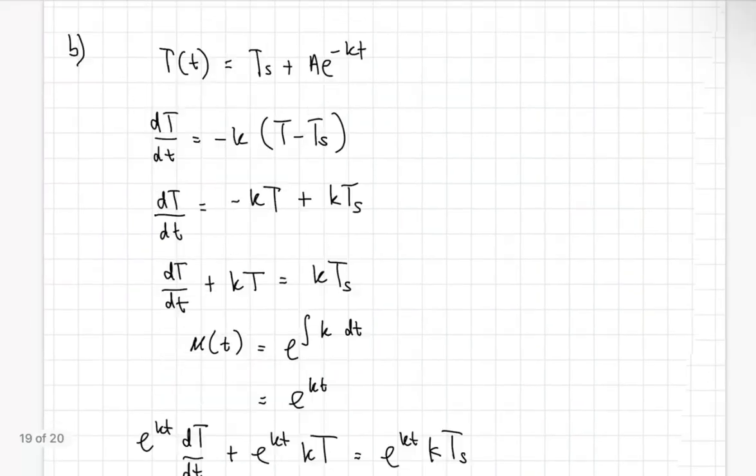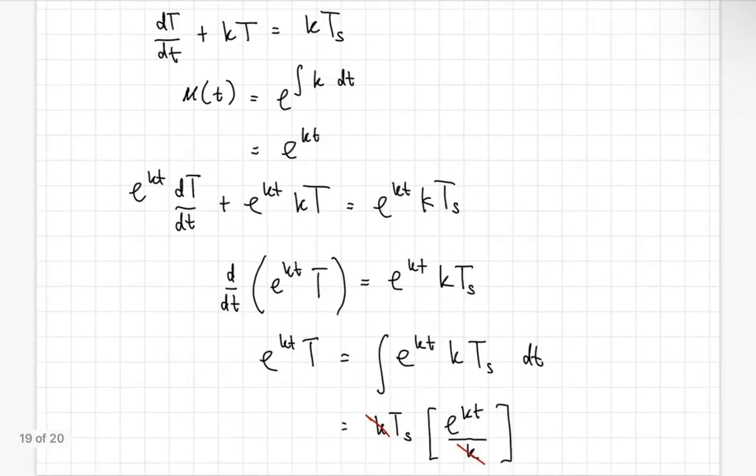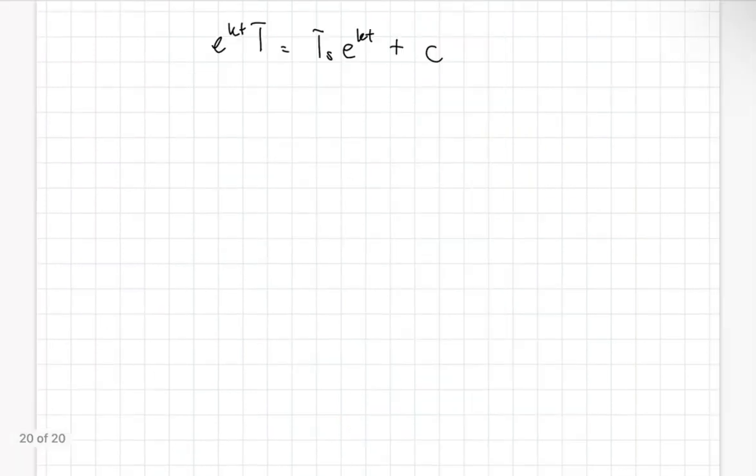Don't forget to add the constant c. So we have Ts e to the kt plus c.